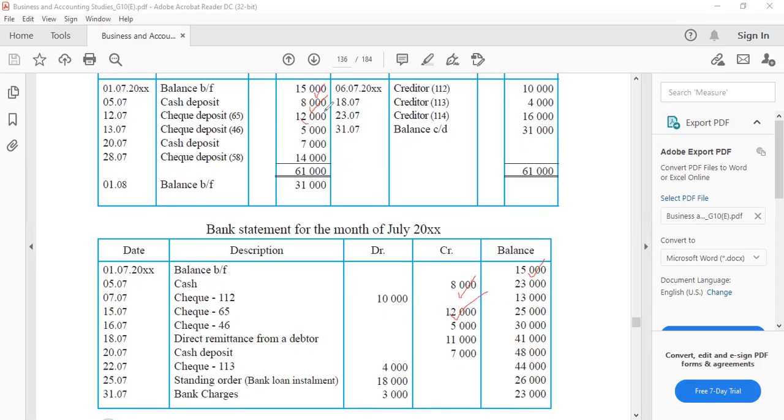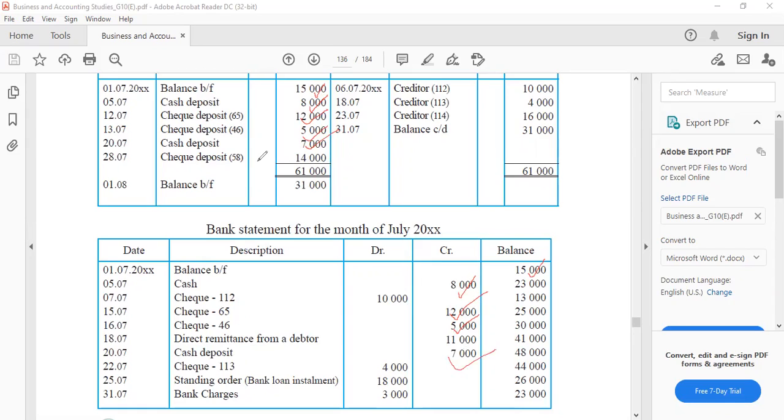So please check the check numbers as well. And the next one, check deposit 46, 5,000. In the bank statement also, check number 46, 5,000. And there is a 7,000 cash deposit. In the bank statement also, you have that cash deposit.